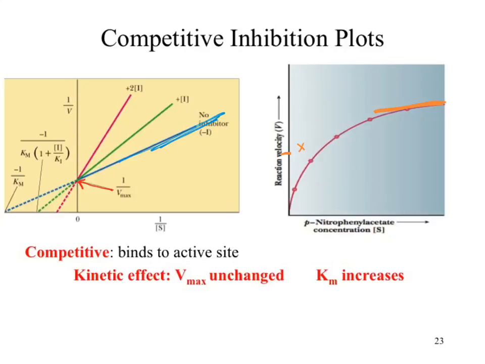On this side, on x or square? X. Km needs to increase at half Vmax. It needs to be on the square side. Because now when I drop my line down, Km has gotten bigger than on the other side.